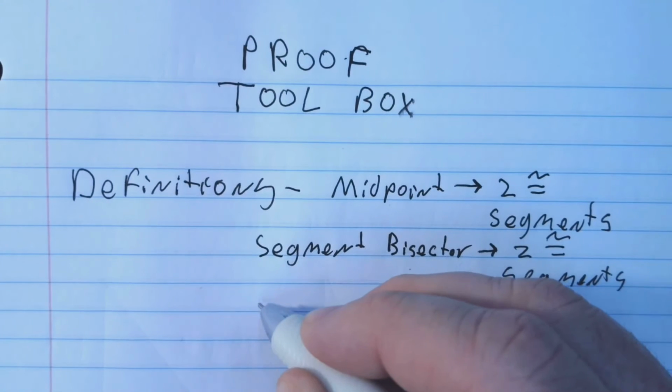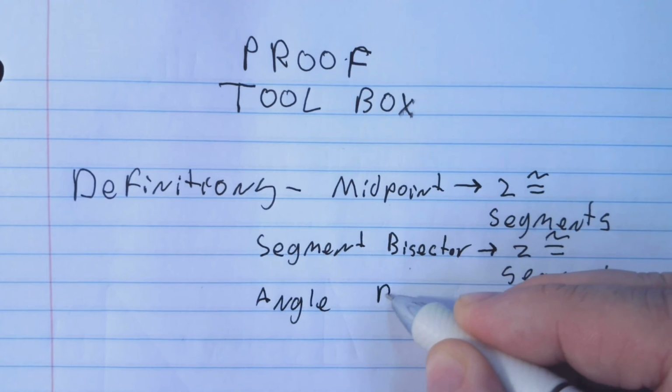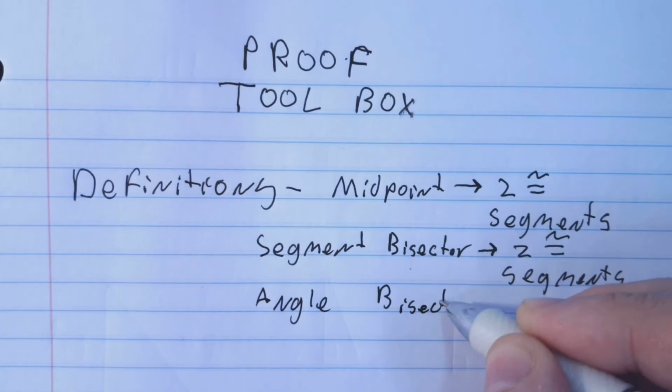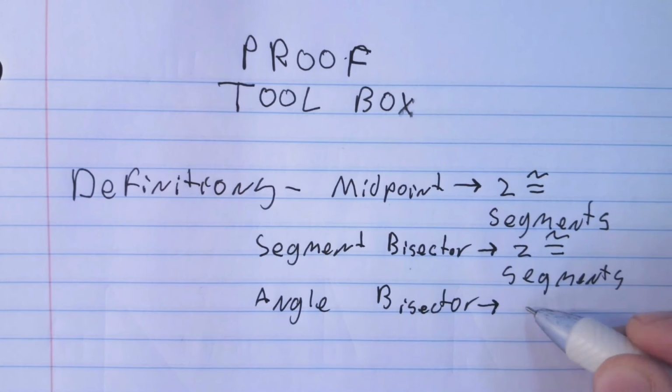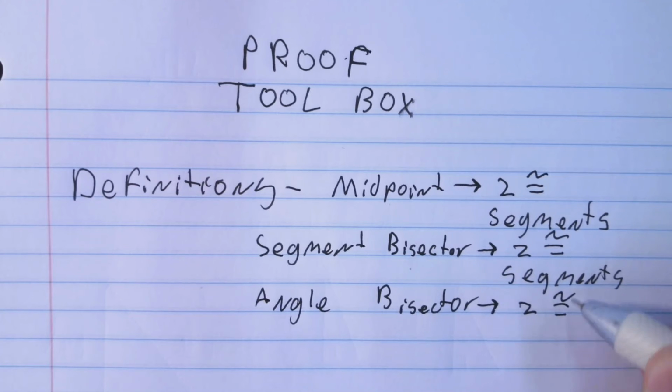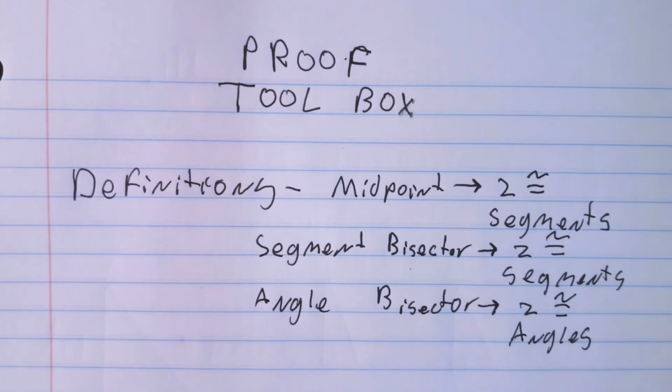And the last one that we have so far, probably, is angle bisector. Okay, and so that's going to give us two congruent angles. Okay, so we might add some more definitions throughout this chapter, but this is a good start.